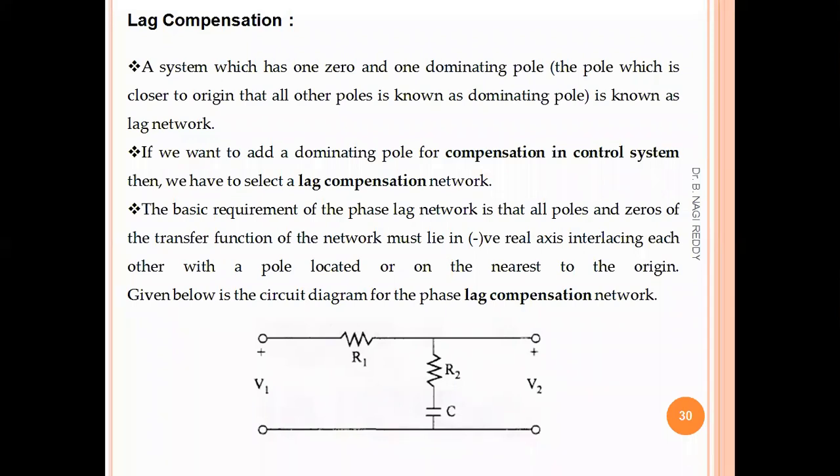A dominating pole is nothing but the pole that lies next to the origin. So in the lag compensation, we will have one zero and one dominating pole because of the lag compensator network.